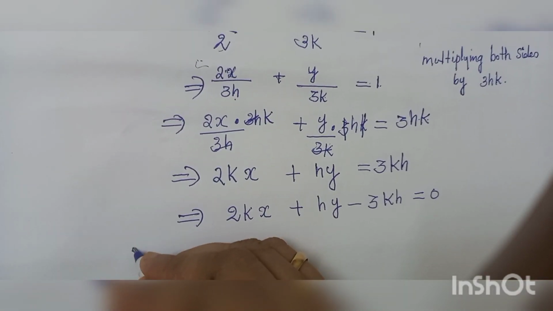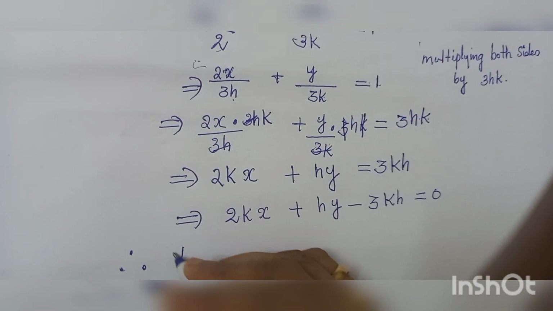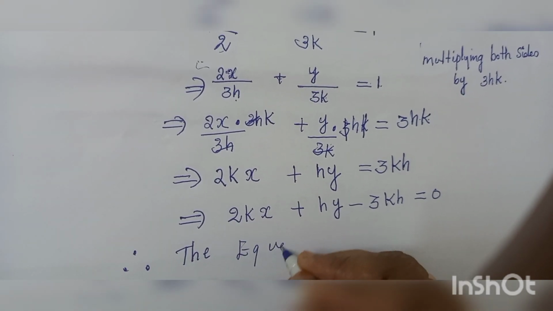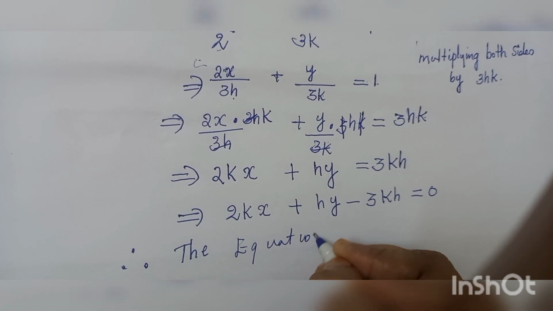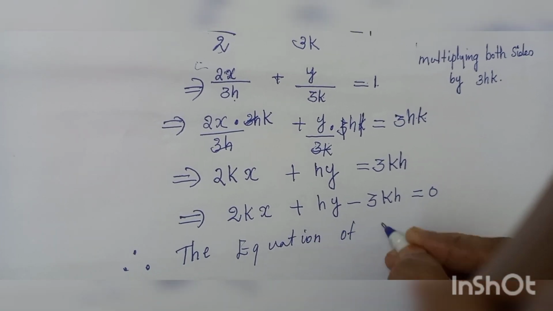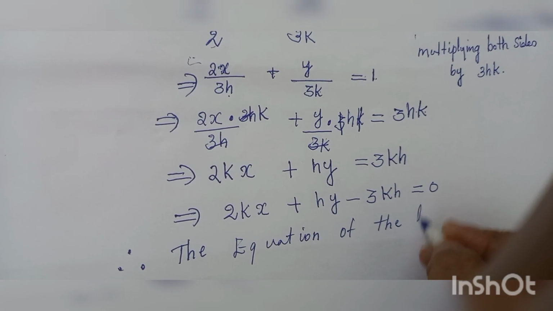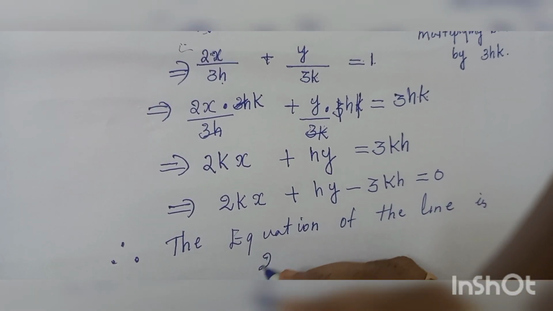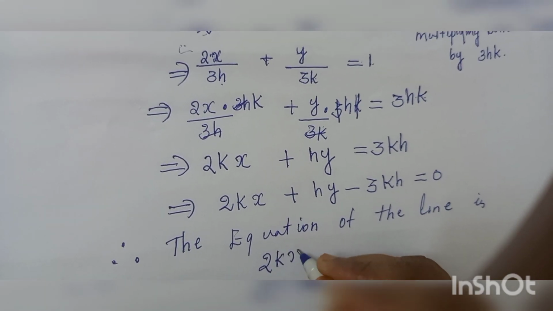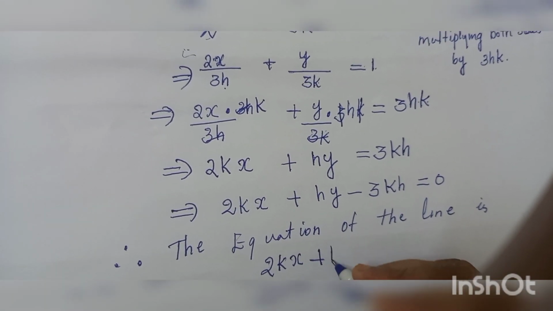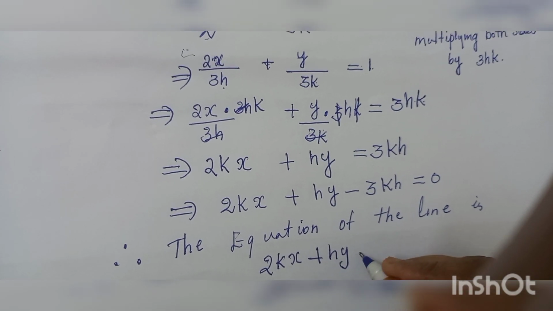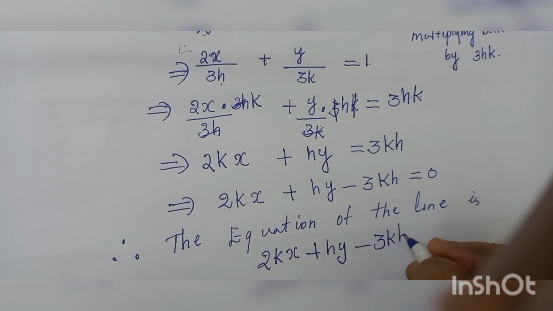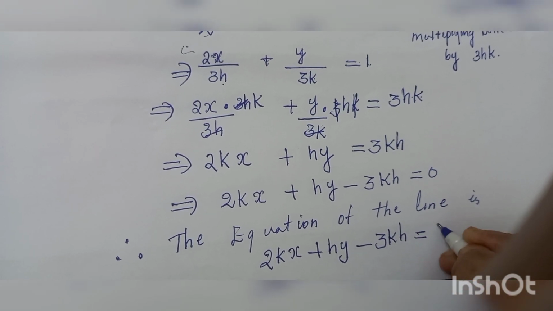Therefore, the equation of the line is 2kx plus hy minus 3kh is equal to 0.